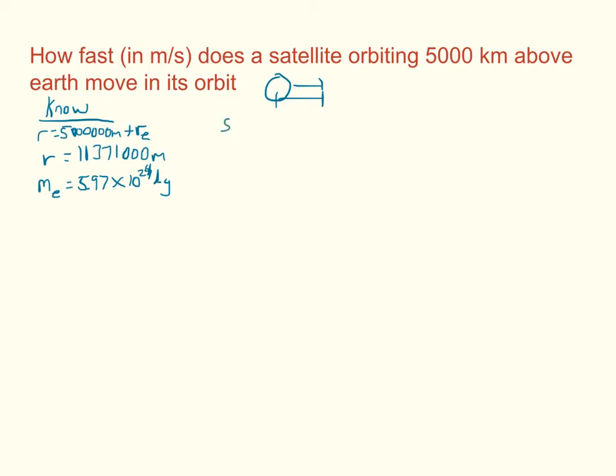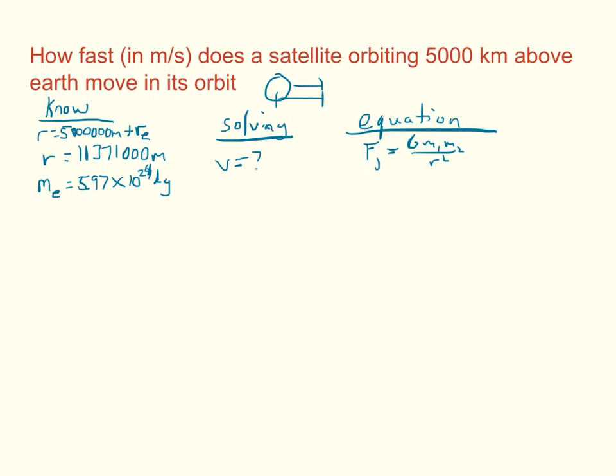What am I solving for? I'm solving for a speed, a velocity. So the question is, how do I get that velocity and force together? Well, I know the force that's causing it is gravity, so I can use Newton's universal gravitation. But what is it causing? It's causing an orbit, a circular motion.